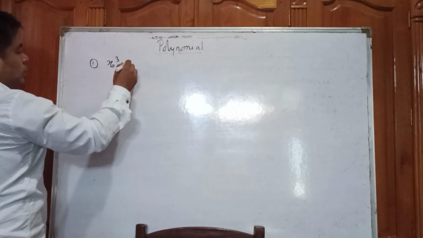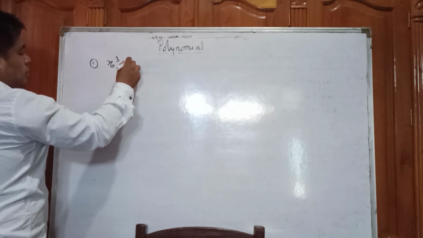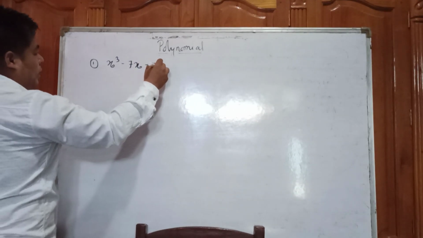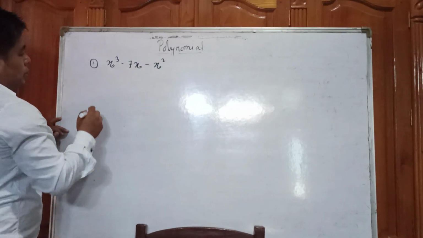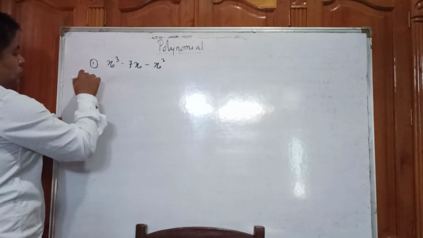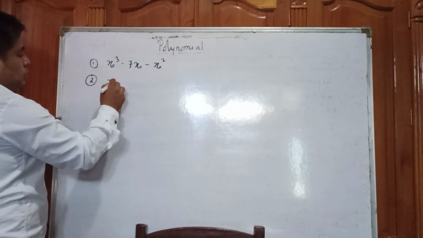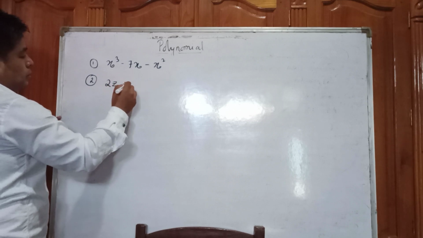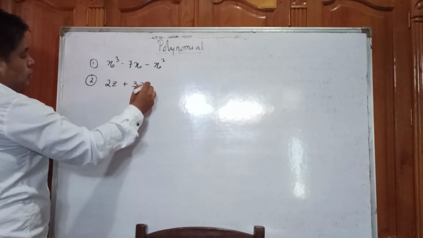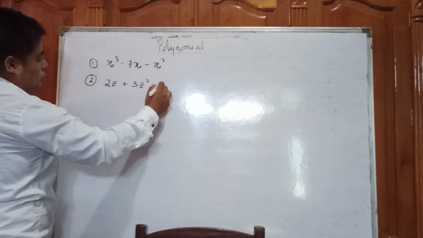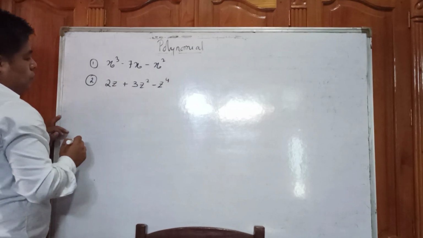Example 1: x cubed minus 7x minus x square. Number 2: 2z plus 3z square minus z to the power 4.